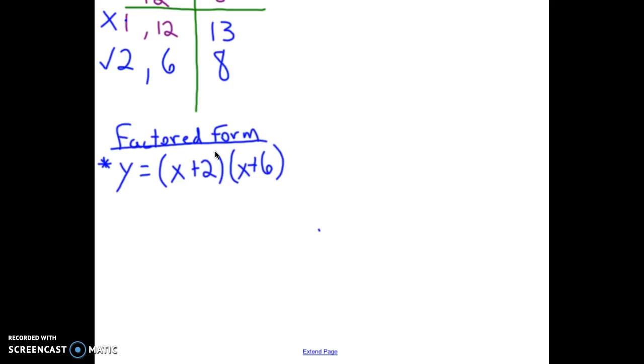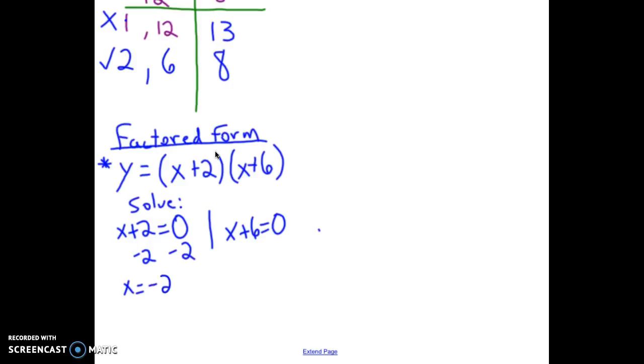But then to solve them, I have x plus 2 equals 0. So I'll write solve above here. And then x plus 6 equals 0. So I'm going to subtract 2 from both sides, so I have x equals negative 2 because I had to get x by itself.